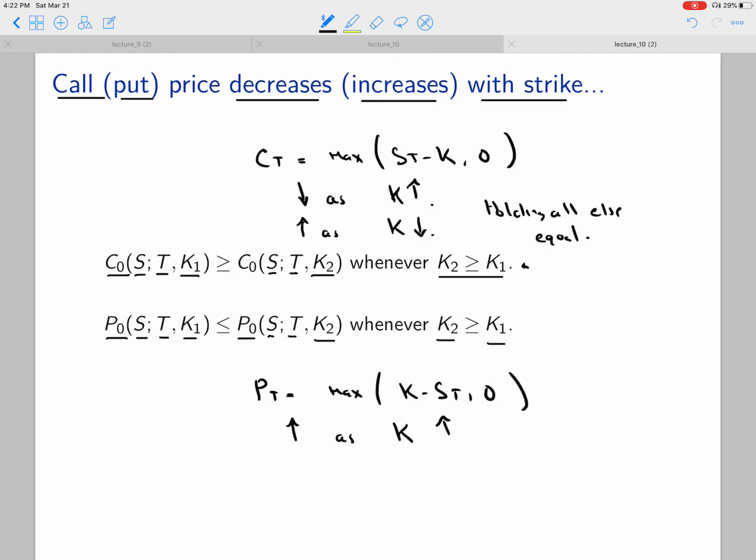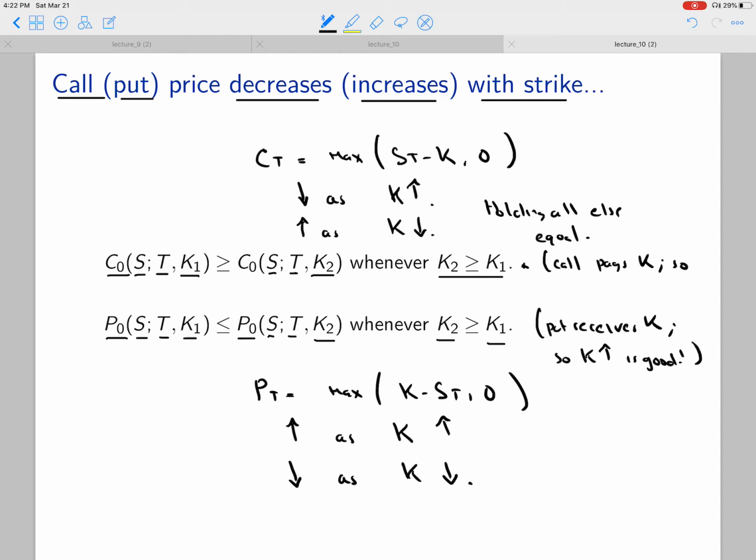Okay, so higher strike puts are going to be better, and it's going to go down as K goes down. The put receives K, so K up is good, and the call pays K, so K up is bad.